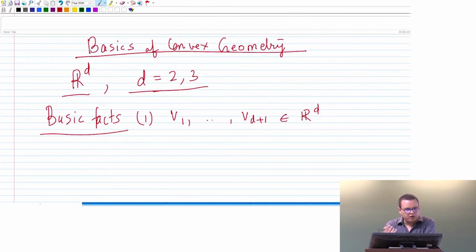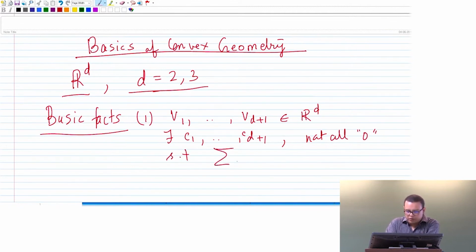So any d plus 1 vectors, if I give you d plus 1 vectors, there exist constants C1 to C(d+1), not all equal to 0, not all zeros, such that this sum will be equal to 0, right? Everyone with me when I say this? Good.